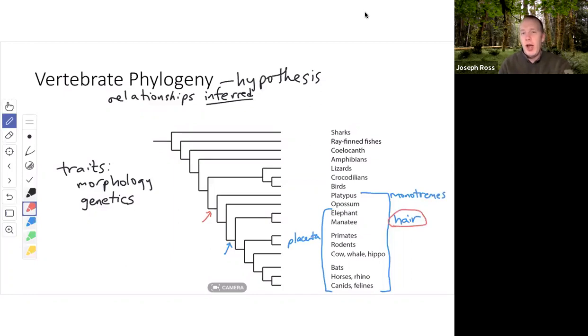And we're going to get to how exactly I'm making those sorts of interpretations in just a minute. But the point again here is to reinforce the idea that the traits that are used to infer relationships between organisms can be anything. In this case, I've talked about two morphological traits or two developmental traits, the development of hair and the fact that the placenta is involved in the development of an embryo.